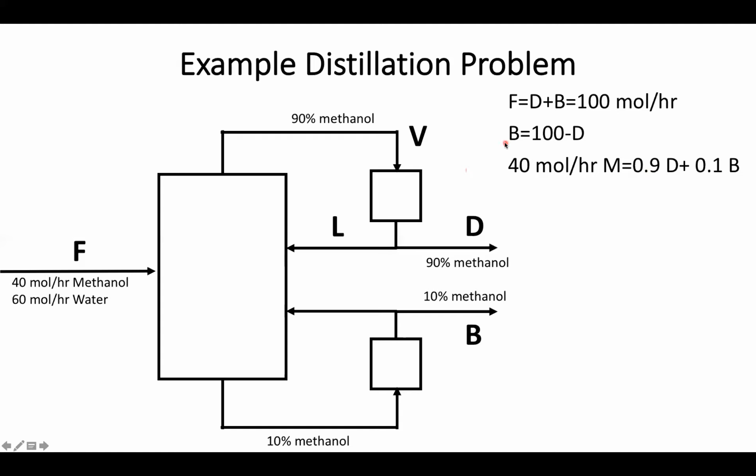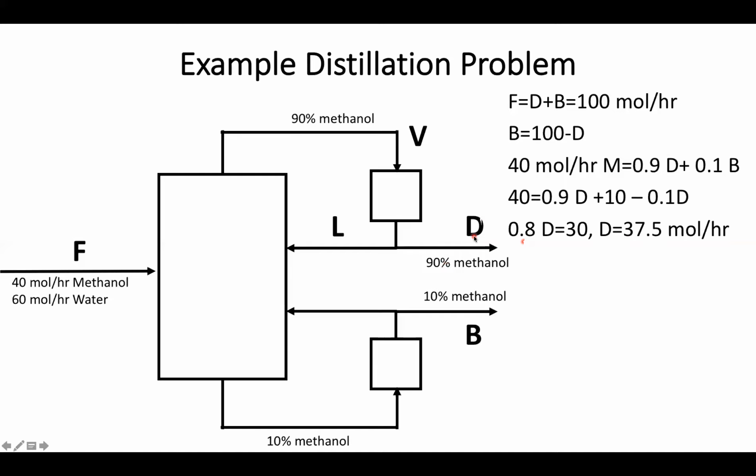So I can insert my equation for bottoms in terms of distillate into this equation, which gives me an equation only in terms of distillate. I can then rearrange this equation to solve for D. I end up with 0.8D equals 30. This means that my total distillate leaving the system is 37.5 moles per hour.